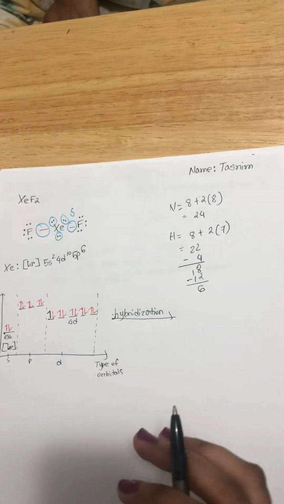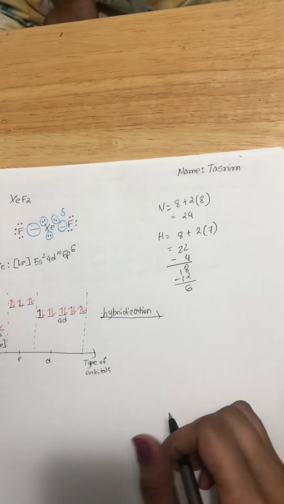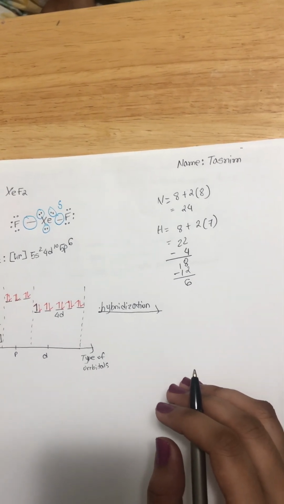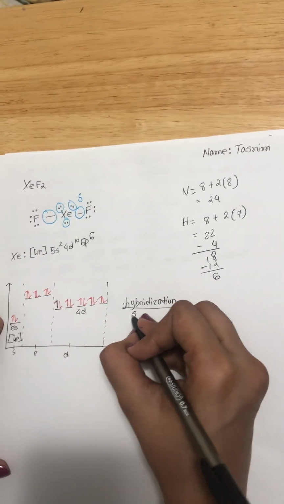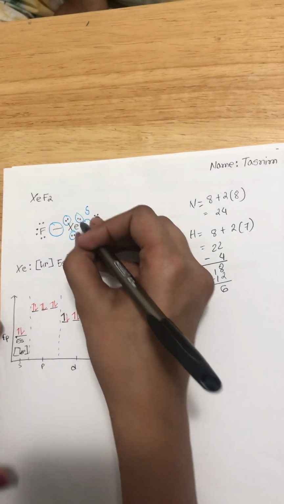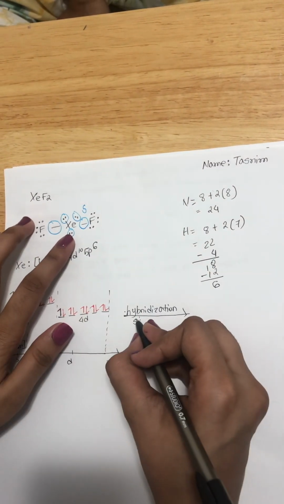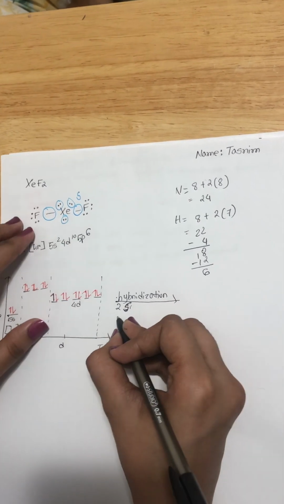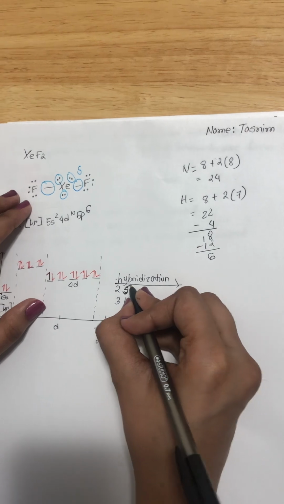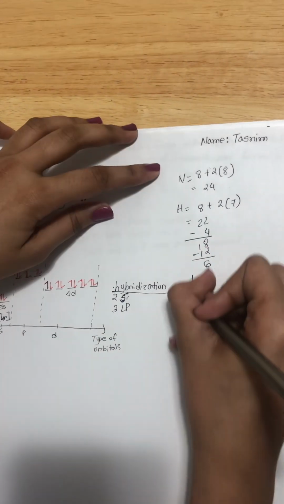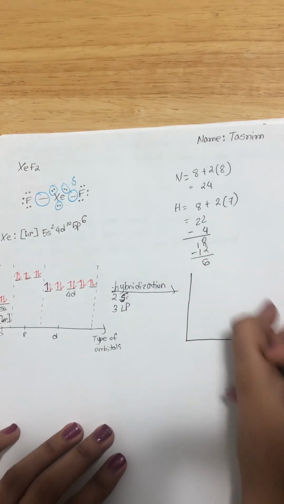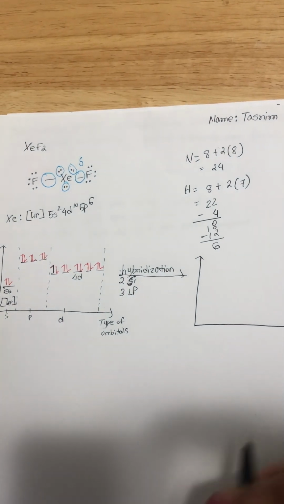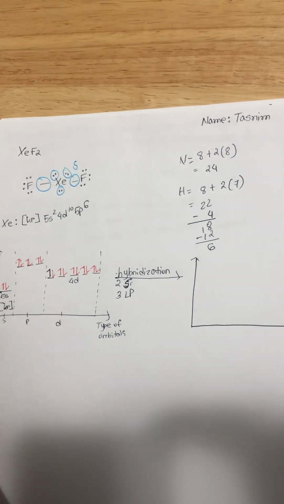Under hybridization, we write according to the writing order. First sigma bond, then lone pair, then coordinate covalent, and then pi bond. For sigma bond, we draw one hybrid orbital with one electron.